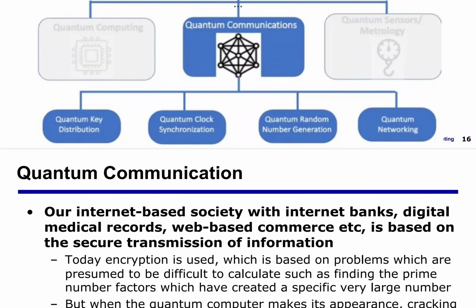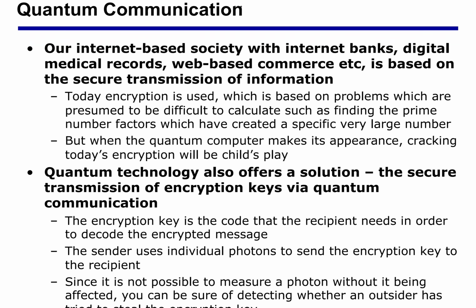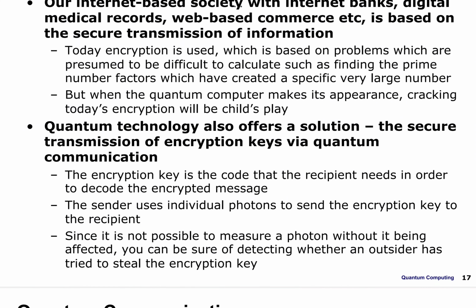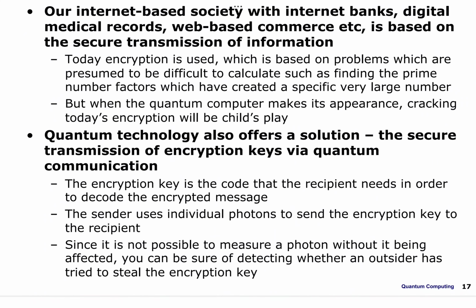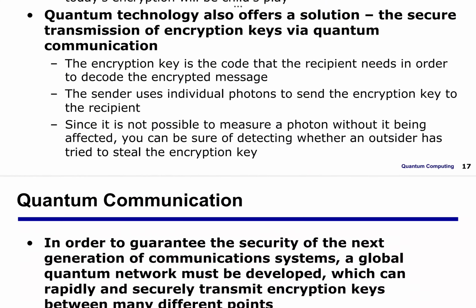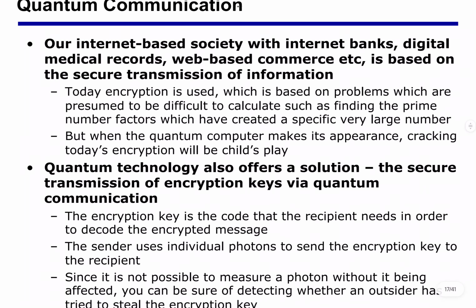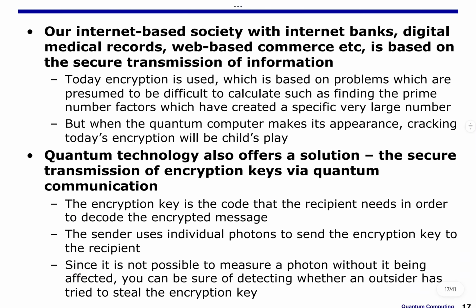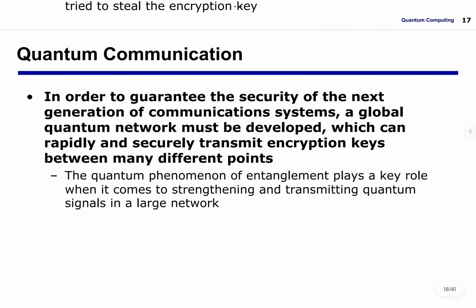Our internet-based society relies on digital machines, but we have some difficulties, like encryption in the classical internet. So it can crack crypto, also in the blockchain field, if we can use the quantum computer, all of them will be done.